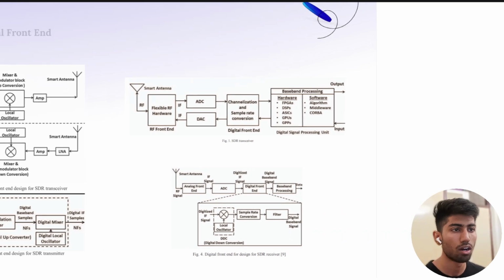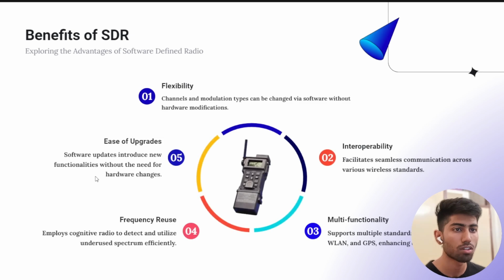And now we are going to go through the benefits of SDR. SDR provides flexibility, as it channelizes and modulates the signal, and this can be changed via software without hardware modification. It has the benefit of interoperability, which facilitates seamless communication across various wireless standards. It is also multifunctional, supporting multiple standards like Bluetooth, WLAN, and GPS.